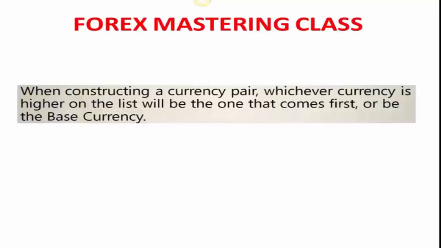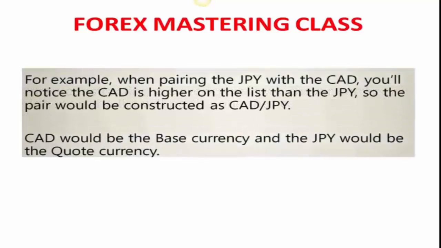When constructing a currency pair, whichever currency is higher on the list will be the one that comes first, the base currency. For example, when pairing Japanese yen with Canadian dollar, you notice that Canadian dollar is higher on the list than the Japanese yen.